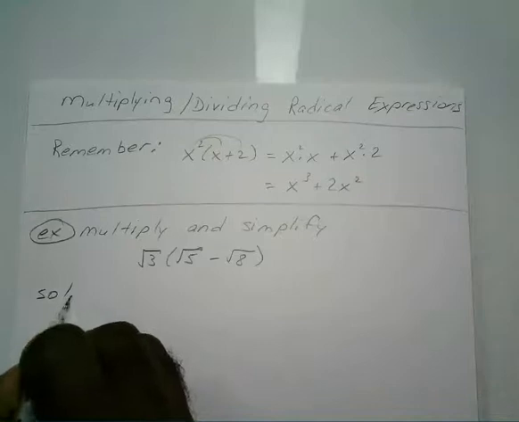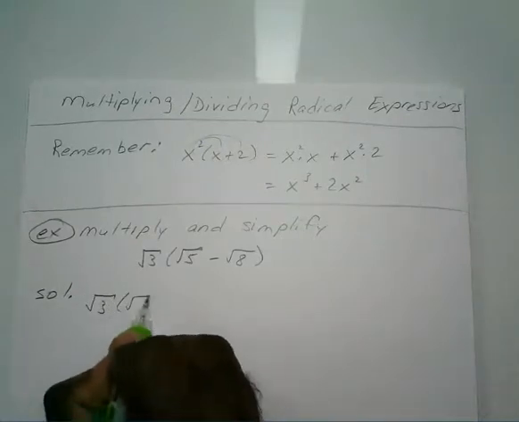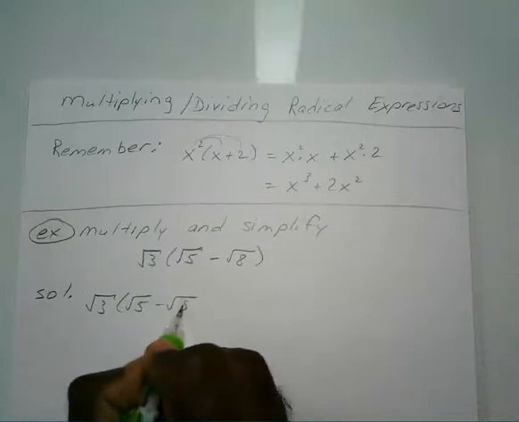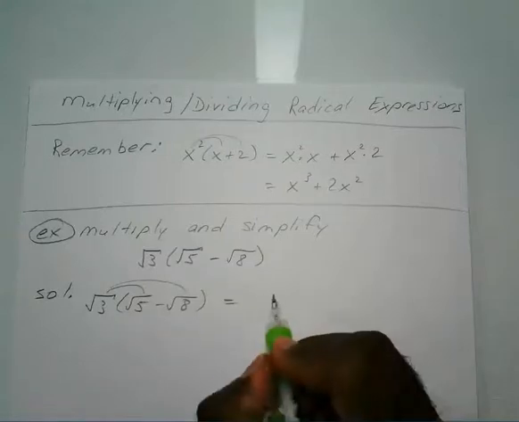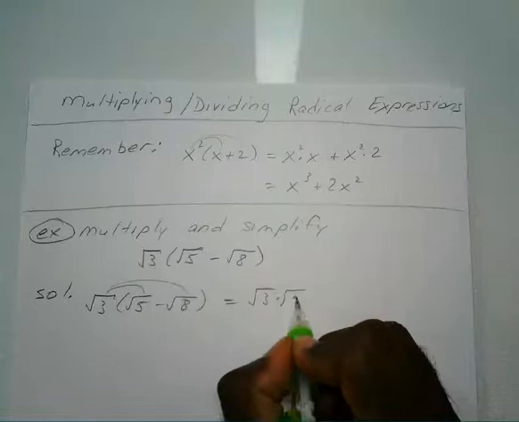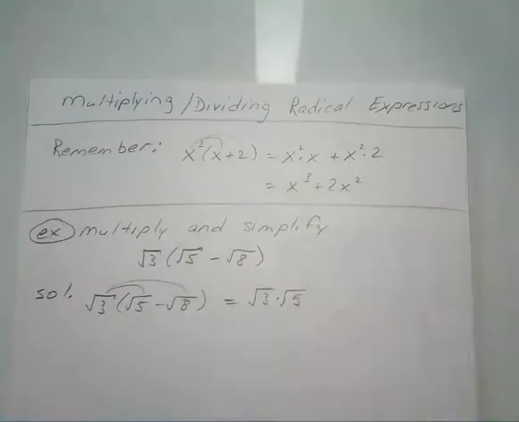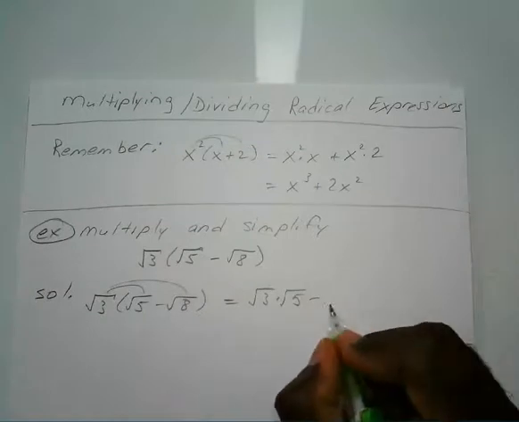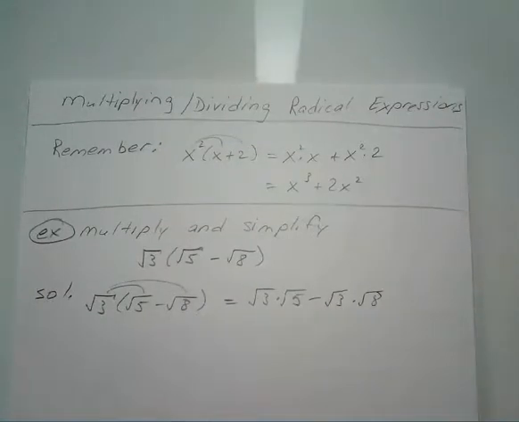Okay, so just going to rewrite that. Square root of 5 minus square root of 8. We distribute that square root of 3. Then that will give us square root of 3 times square root of 5 minus square root of 3 times square root of 8.